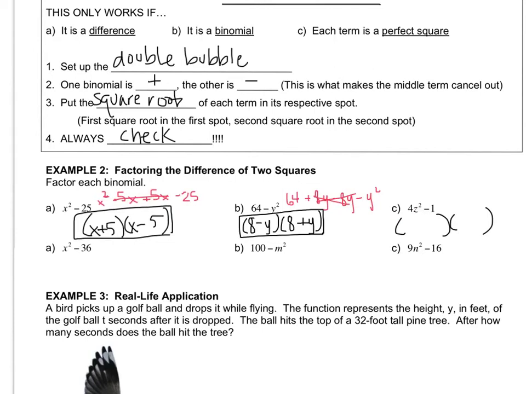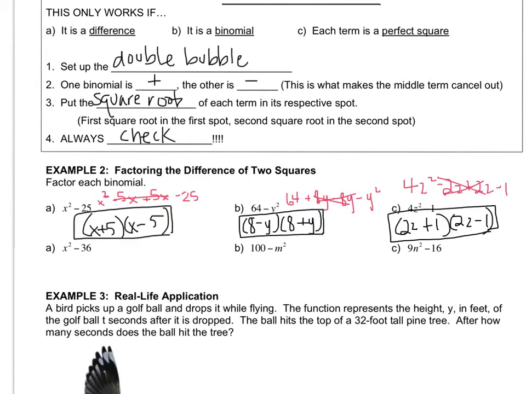So 2z, and then 2z, and then 1, 1. Make one of them plus, one of them minus, and then I'm just going to check with FOIL. 4z squared minus 2z plus 2z minus 1, and those cancel, so I'd get it.